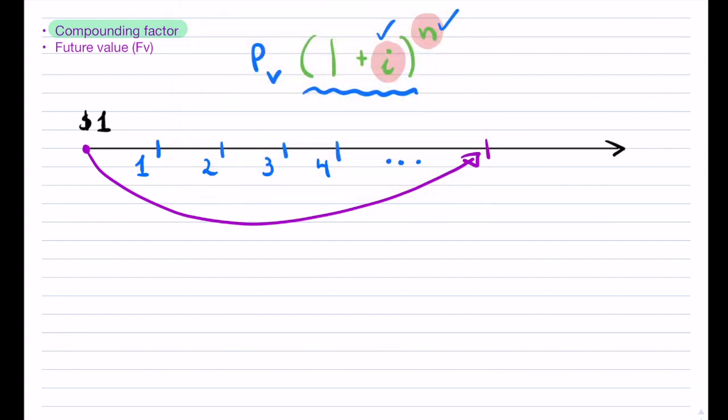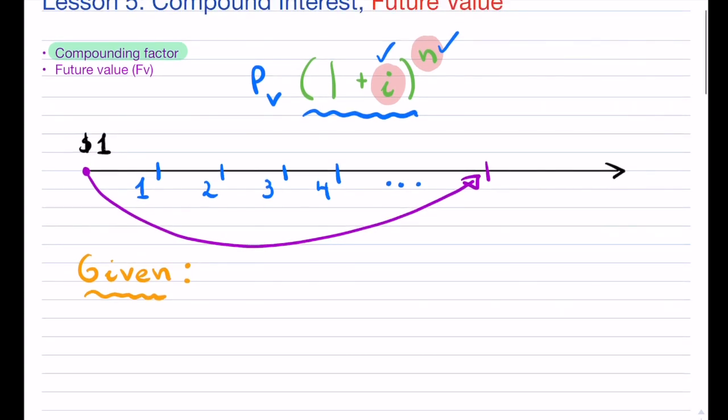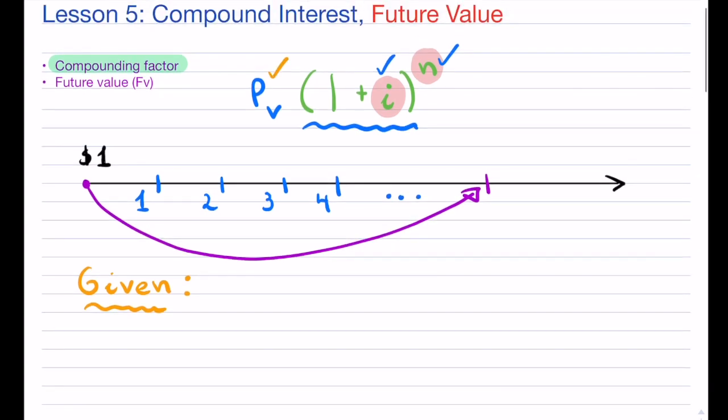So one of the first early things that I always think about is I always want to write down all the givens from a question, right? So now, what do I actually need to solve a future value formula? I need to know what the present value is. I need to know my term interest I, so my compounding interest or rate, and I need to know how many terms. Now that is dependent on certain things.